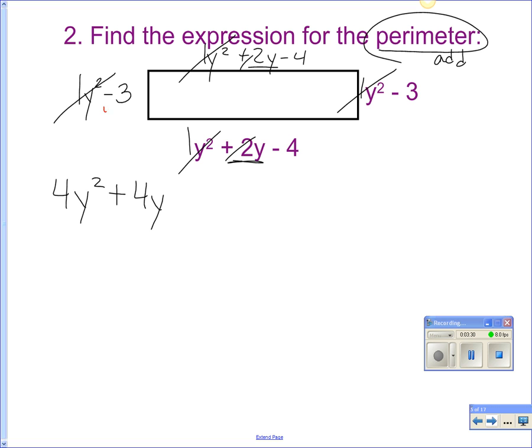So Chad, what's negative 3 and negative 3? What's negative 6 and negative 4? Yep, and another negative 4? Very good, Chad. Okay. You may use your calculator today if you need to. So that's your answer, 4y squared plus 4y minus 14. Okay.